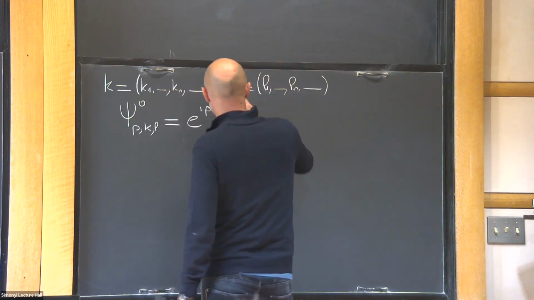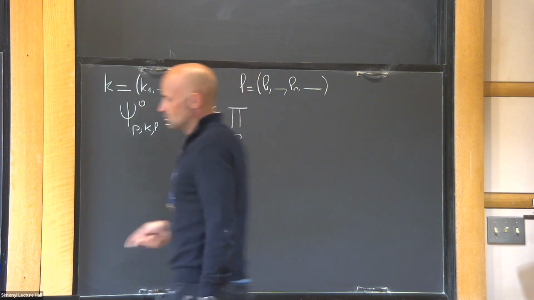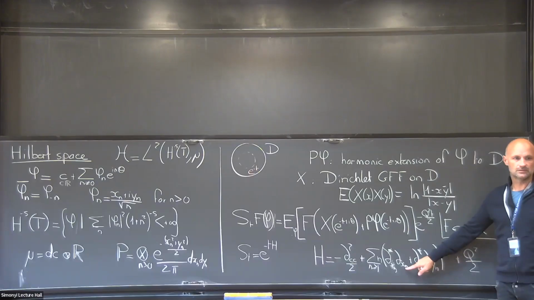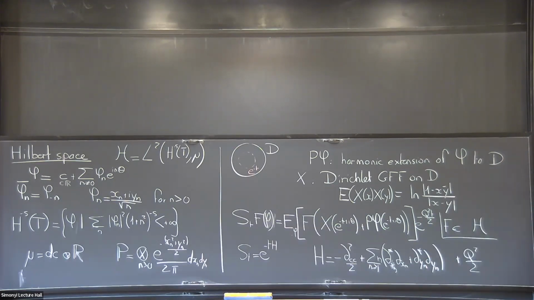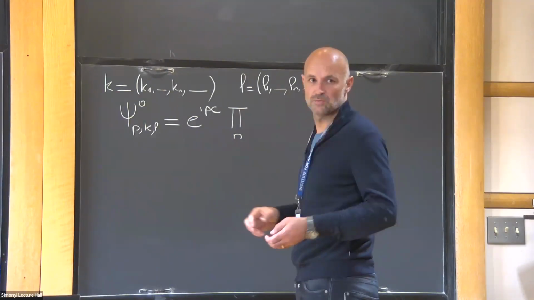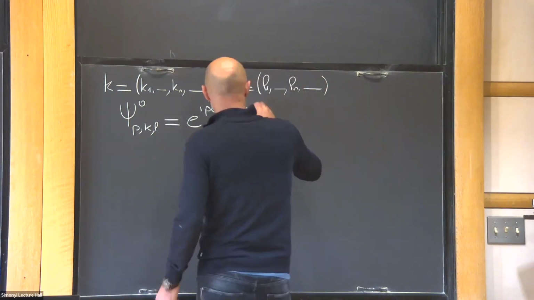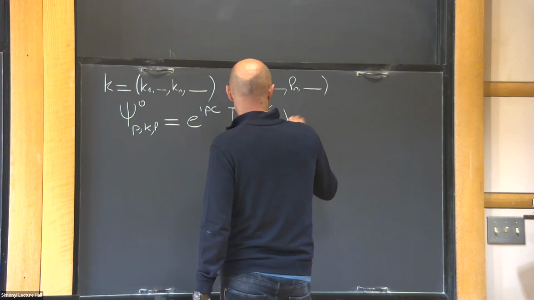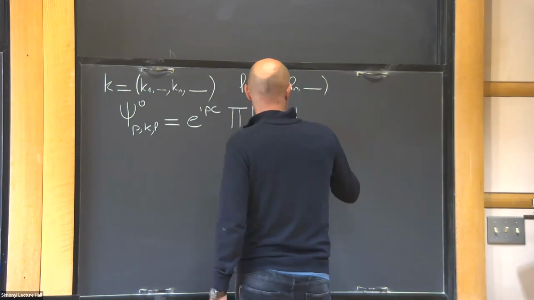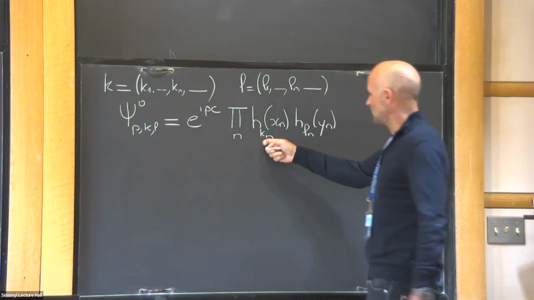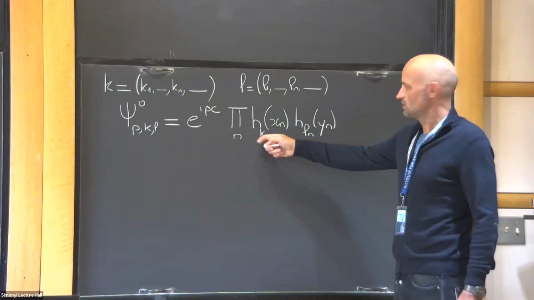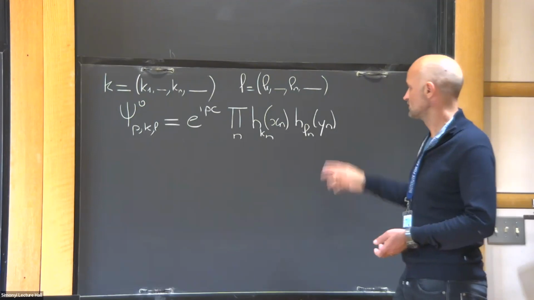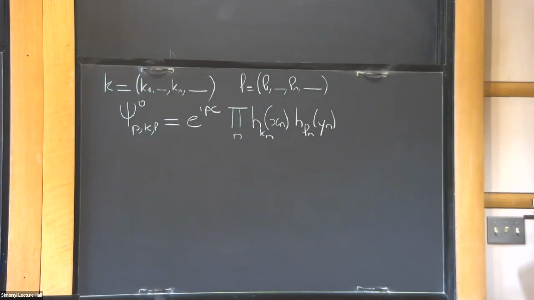And then you have a product. So to diagonalize the harmonic oscillators here, you just have to consider Hermite polynomials and take the product of Hermite polynomials. Okay, so we get a product of Hermite polynomials in each variable, where here kn is just the degree of the Hermite polynomial. Okay, and this way you get a basis for the H.